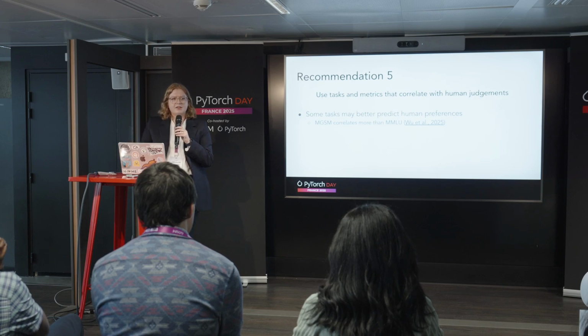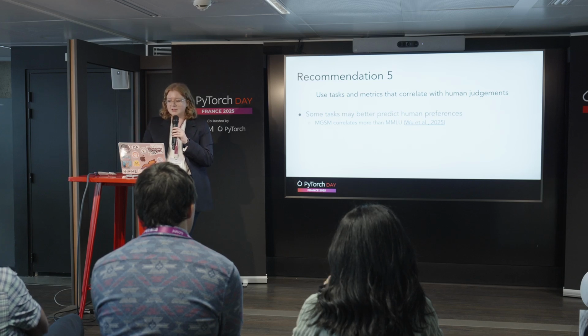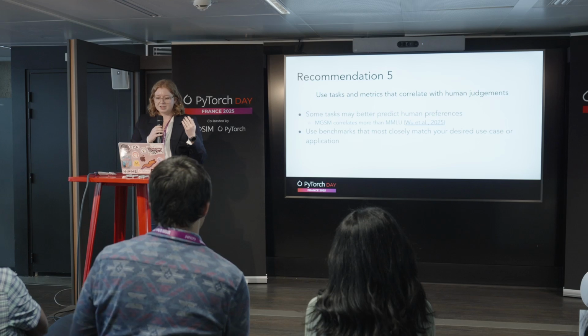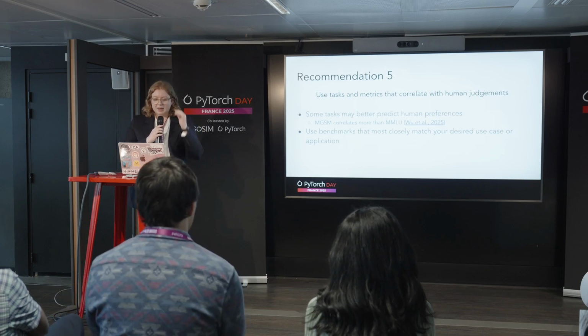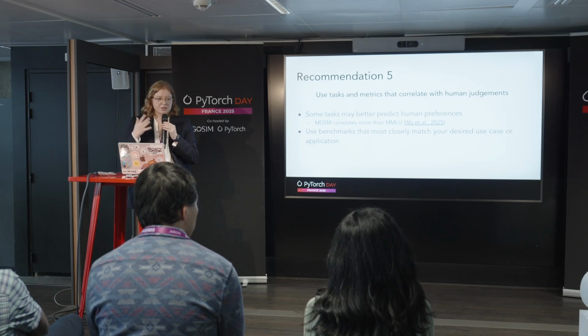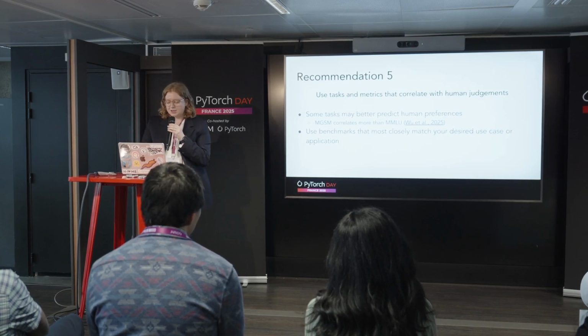I think they also found in general that reasoning and math benchmarks were better predictive of human preferences. And in the absence of that data, which we don't have for many languages, it's good to just pick benchmarks that match whatever your desired use case is, especially when there are limited benchmarks available.